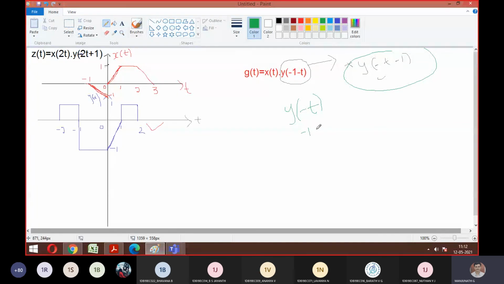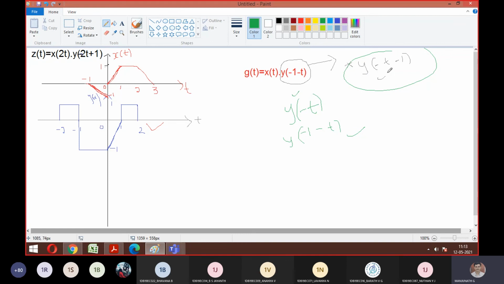Minus 1 means what? If it was plus 1, you should have given delay. If it is minus 1, you should give advance. That's it. Is it clear? Everyone? If you are having any one option, not an issue. Don't go both together. Either you go with this method or with this method. You'll get the same answer, if you want to just verify.